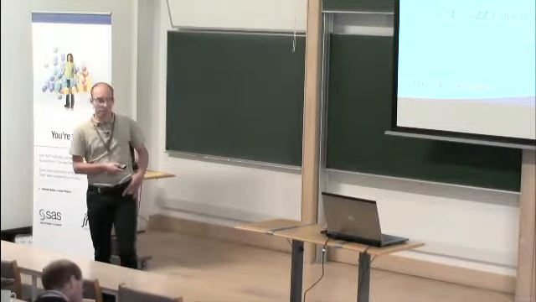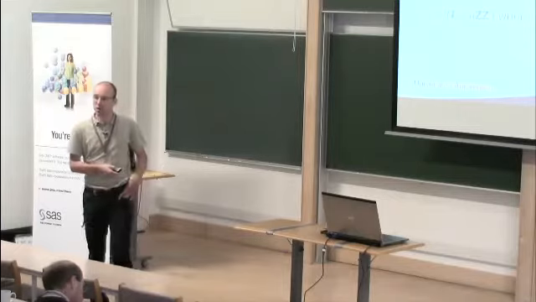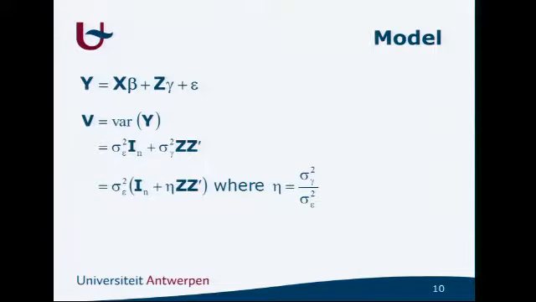Why do I explicitly do that here? Well, because optimal designs don't depend on the absolute magnitude of the variance components, so they don't depend on the absolute magnitude of sigma squared epsilon, but they only depend on the relative magnitude of the variance components. And one way of expressing how big the variance components are relative to each other is by using this variance ratio eta.